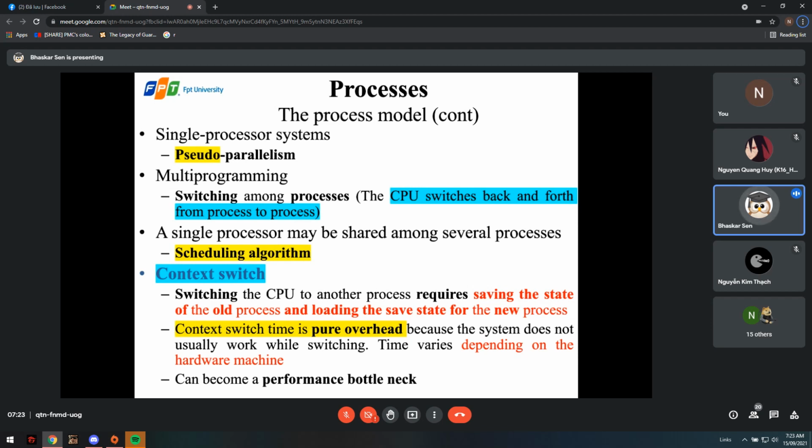Now, depending on what kind of underlying hardware you are using, there could be a slight delay or time lag. That means a process has been blocked, but the new process hasn't yet started executing on the CPU.